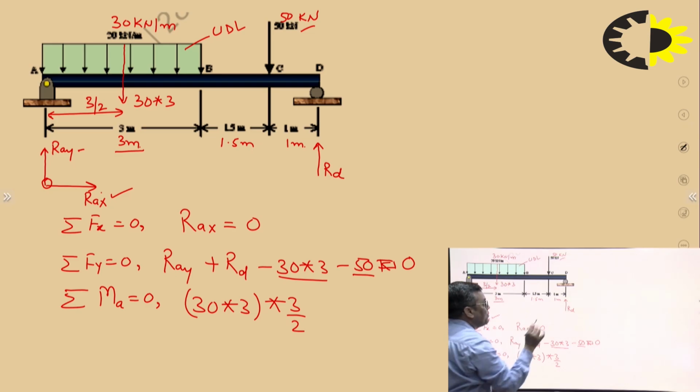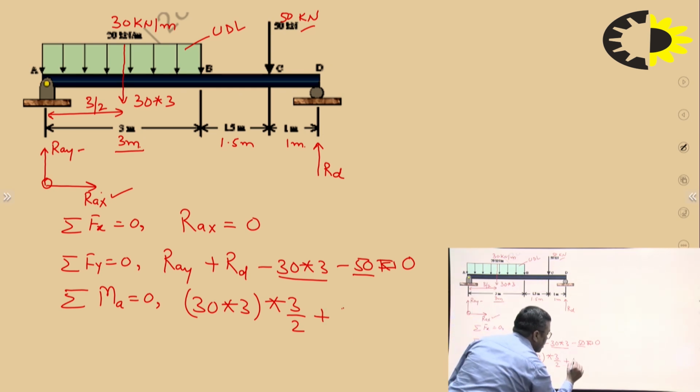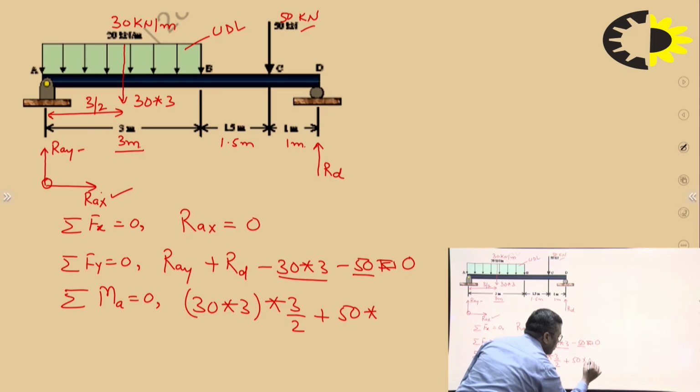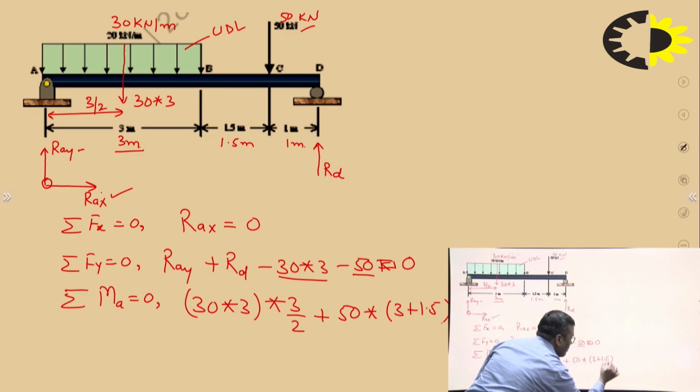Now I come to the 50 kilonewton. The moment due to 50 kilonewton about point A: what is its distance from point A? 3 plus 1.5, that is 4.5. So the force is 50 and the distance is 3 plus 1.5.